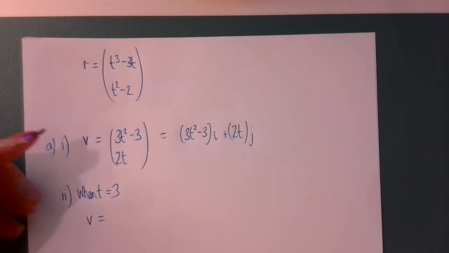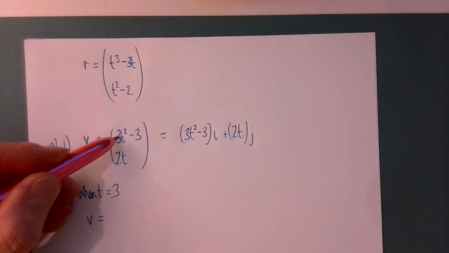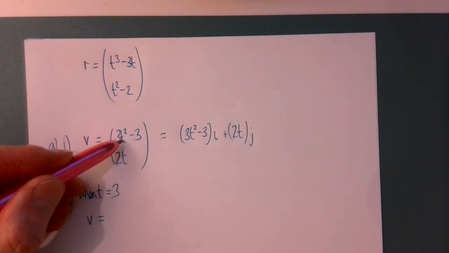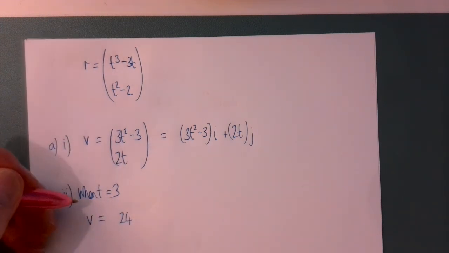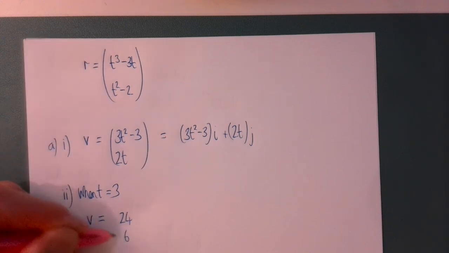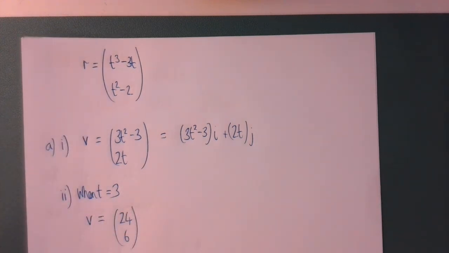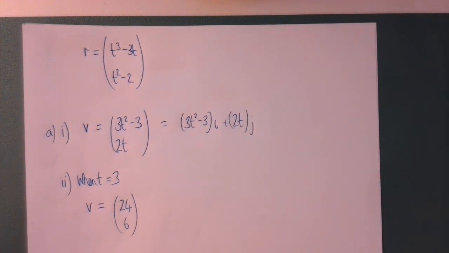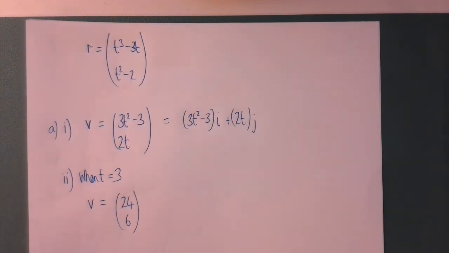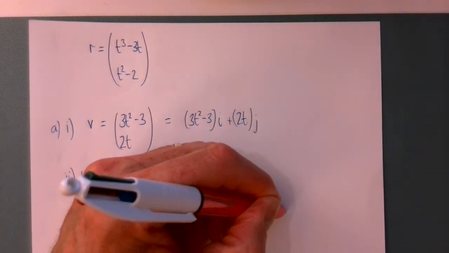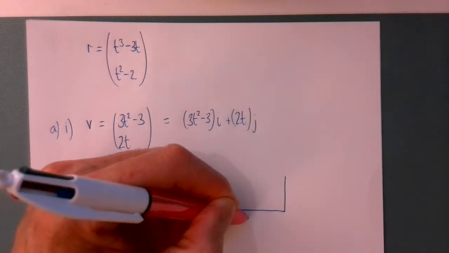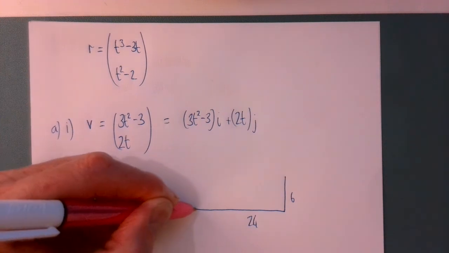So that means that the velocity becomes 3 lots of 3 squared, that's 27 take away 3, so that's 24, and 2 lots of 3 is 6. So that's the velocity in vector form, which means that we're 24 meters per second in this direction and 6 meters per second in this direction.